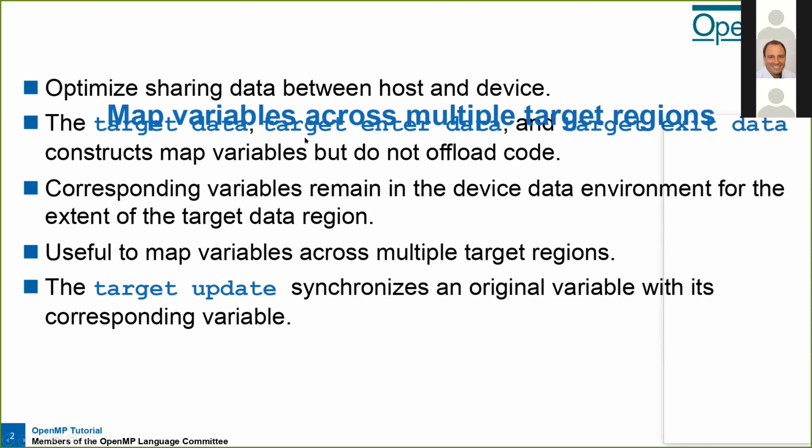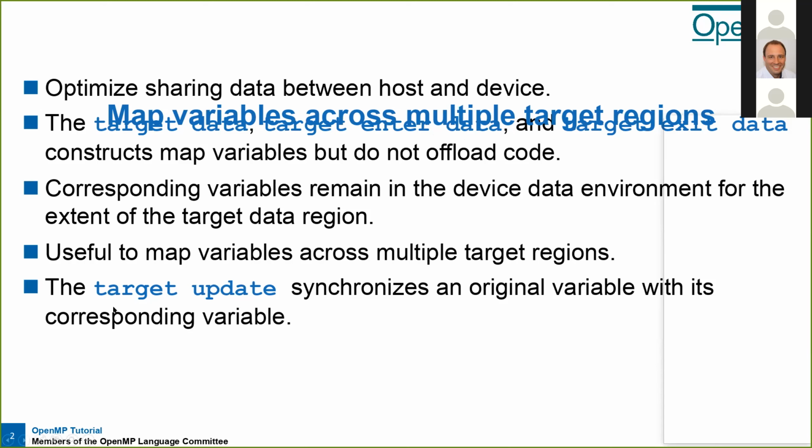But now to the topic of this presentation, we also have target enter data and target exit data, although it's hard to read here. These allow for so-called unstructured data movement. That means at a certain point in the code, you can map data from the host to the device or from the device to the host.